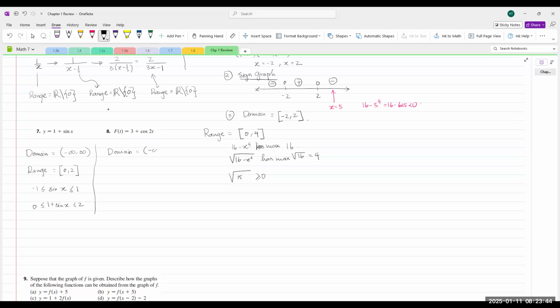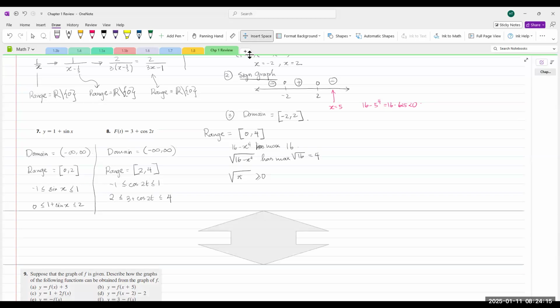When you add a constant, it will still be all real numbers. The range, however, for cosine of anything, is between -1 and 1. So 3 plus cosine 2x has a range from 2 to 4.